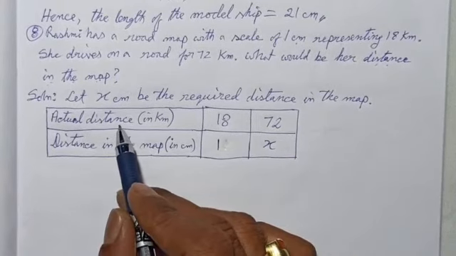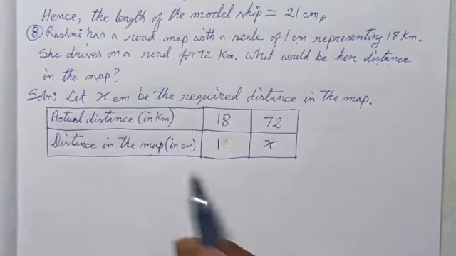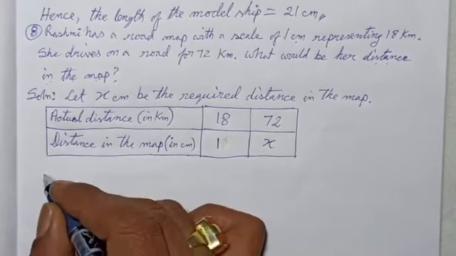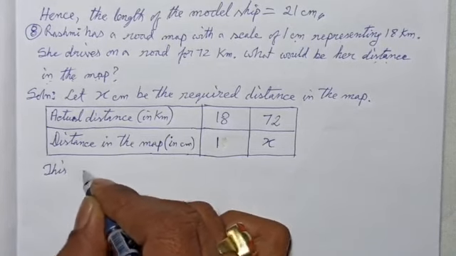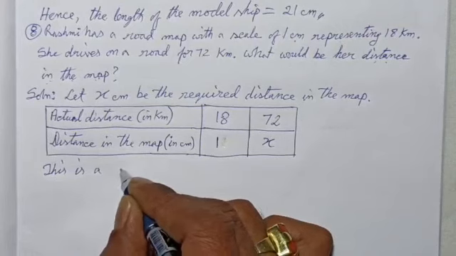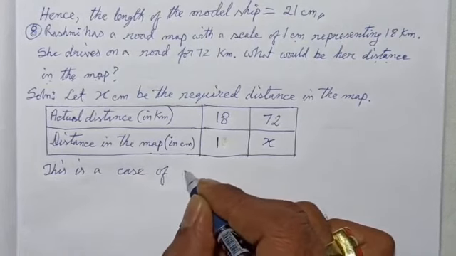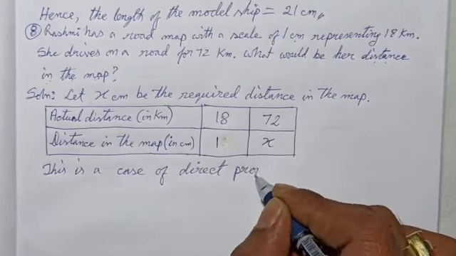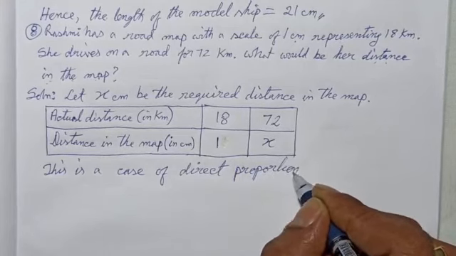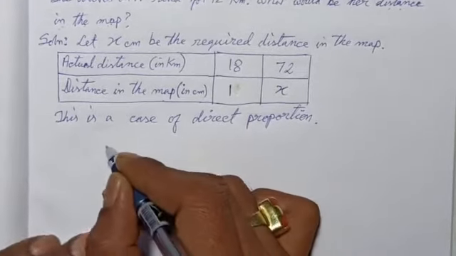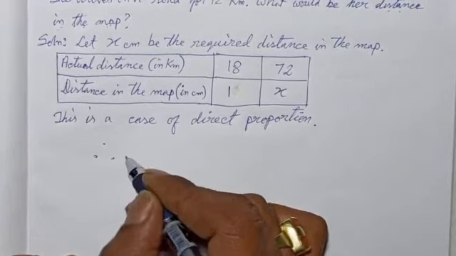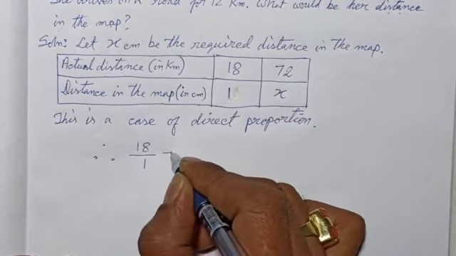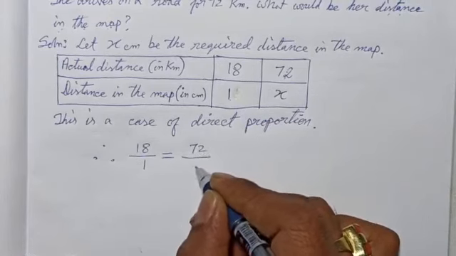Here, actual distance and distance in the map are directly proportional. This is a case of direct proportion. Therefore, for direct proportion, 18 by 1 will be equal to 72 by x.